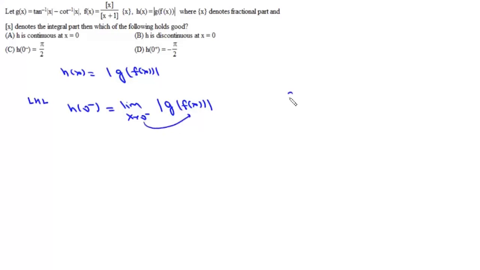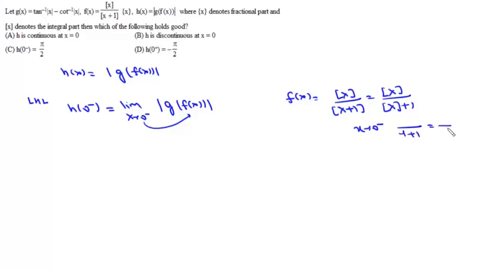Now if you look at this, f(x) is greatest integer function of x upon greatest integer function of x plus 1. Now if we put x as 0 negative, then in the denominator we'll have minus 1 plus 1, and there will be 0.